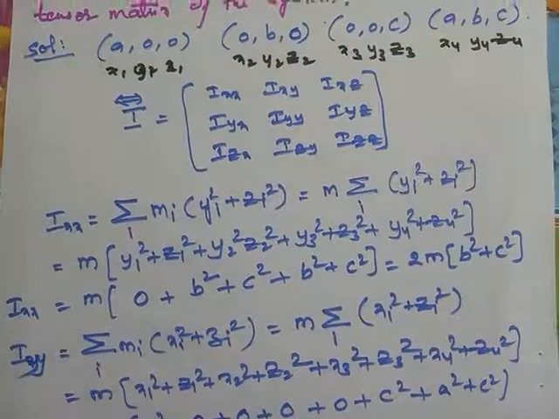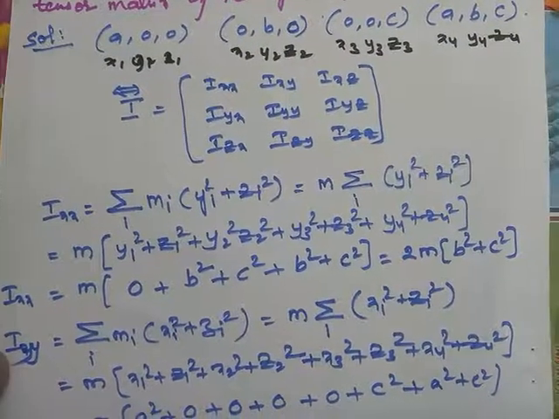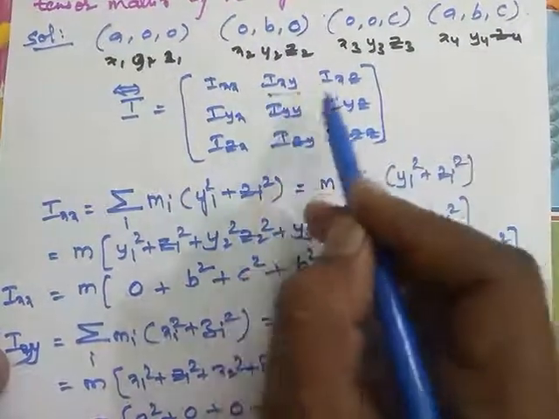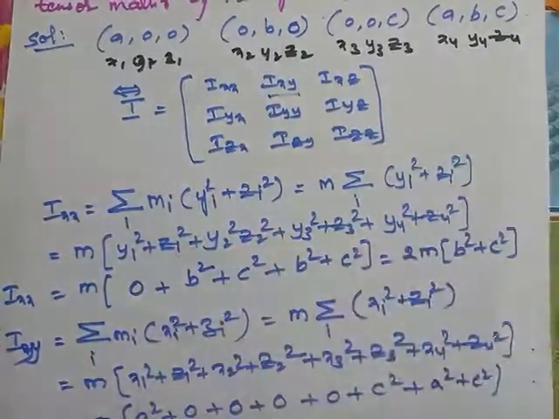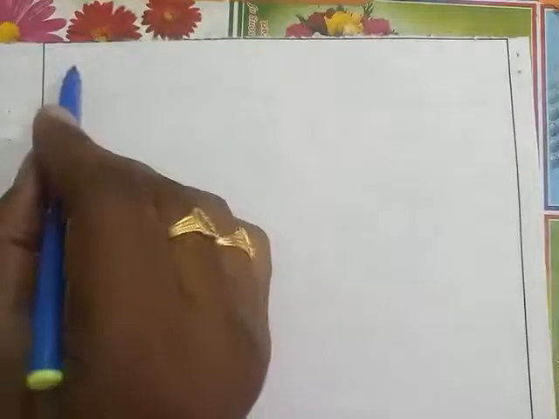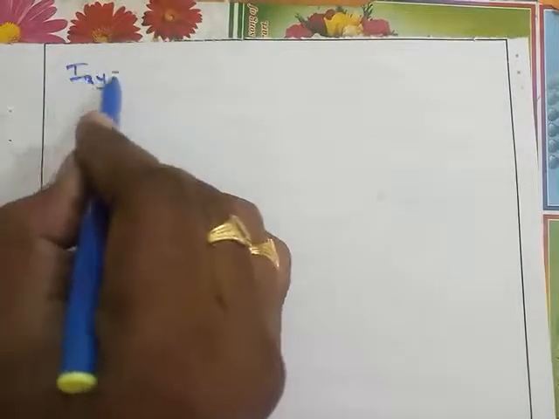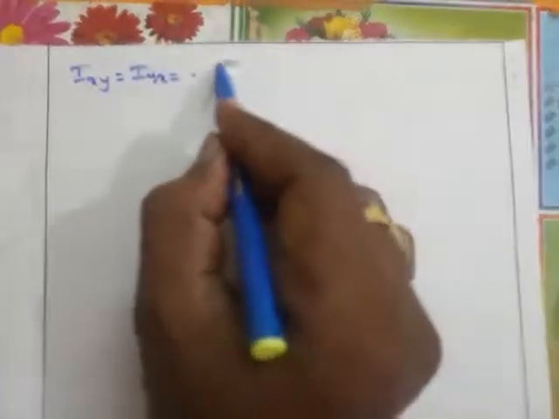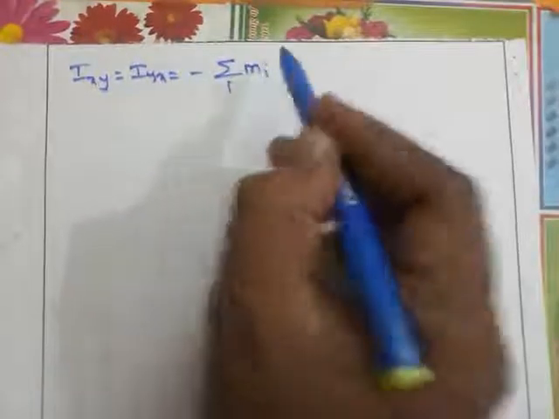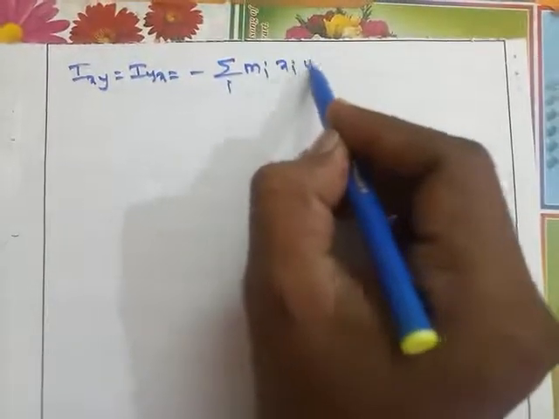And next, what do we have to find out? We have to find these values, Ixy, Ixz and Iyz. Let us see how we can find them. Next, Ixy, that is equal to Iyx, equal to minus summation mi xi yi.